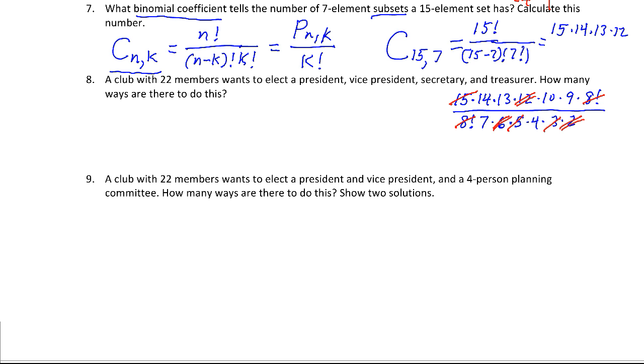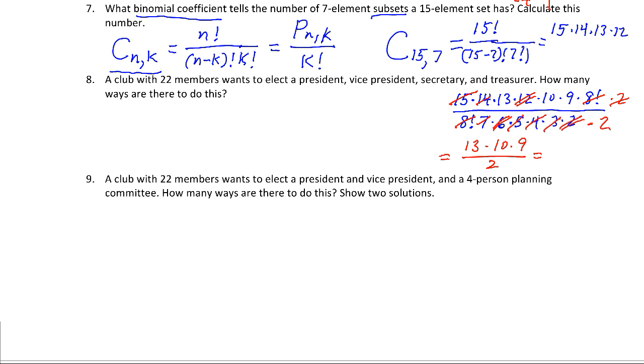And I'm going to take a 7 and cancel it with the 14, leaving an extra 2 up in the numerator. And I can cancel the 4 and the 2, leaving an extra 2 in the denominator. So now I'm left with 13 times 10 times 9 all over 2.